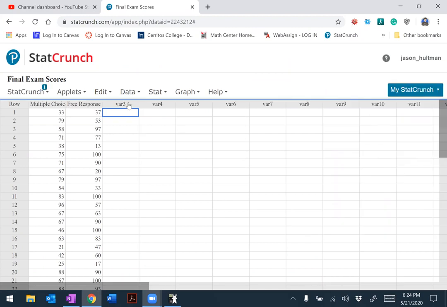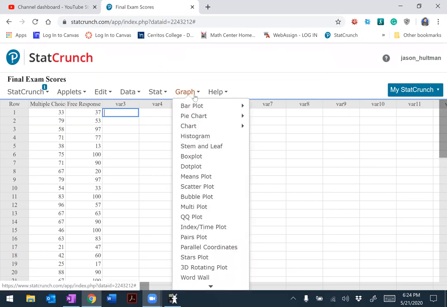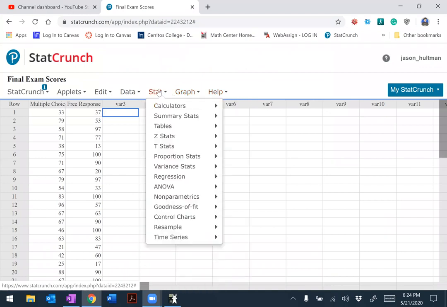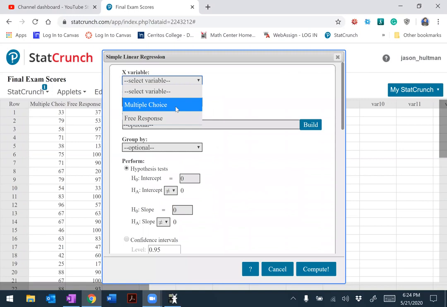Now we want to run this with a simple linear regression. So we're going to go to stat, regression, and simple linear. What's the x variable? It's multiple choice. What's the y variable? Free response. And then it says perform a hypothesis test, simple linear regression. That's checked.